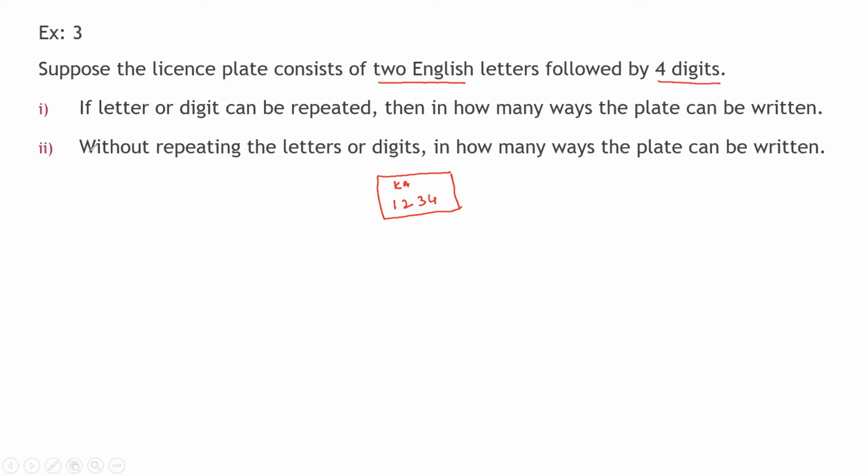Now, 2 questions have been asked here. If the letter or digit can be repeated, means I can repeat them now. For example, I can make use of AA or else KK. Even digits can be repeated, like 1, 1, 1, 1, or else 2, 2, 3, 3.